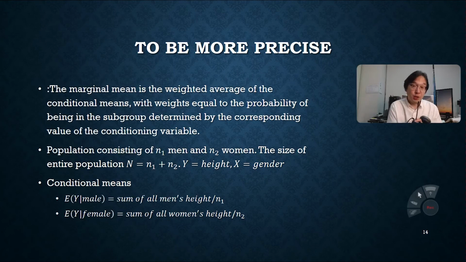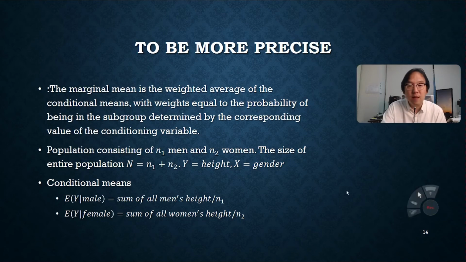That's conditional mean height. So that's what you see. Expected value of Y given male versus given female. And the first one is the sum of all men's height divided by the number of men. And the second one is the sum of all women's height divided by the number of women. So that's conditional means. Good.